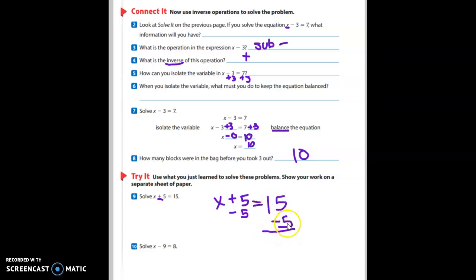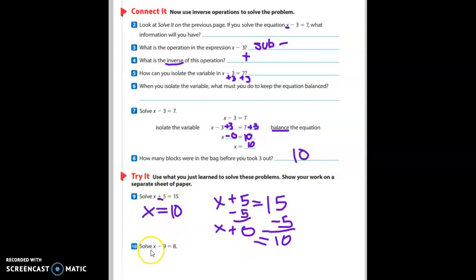So it's 15 minus 5, 10. What's 5 minus 5? 0. So x plus 0 equals 10. So x equals 10.